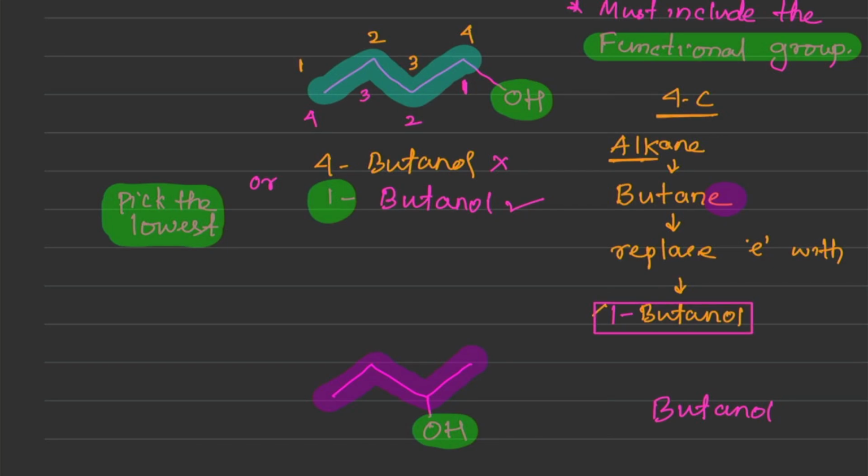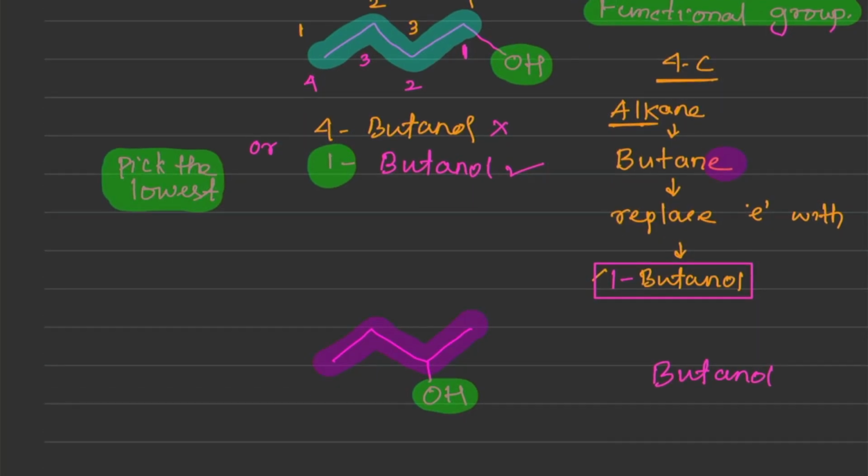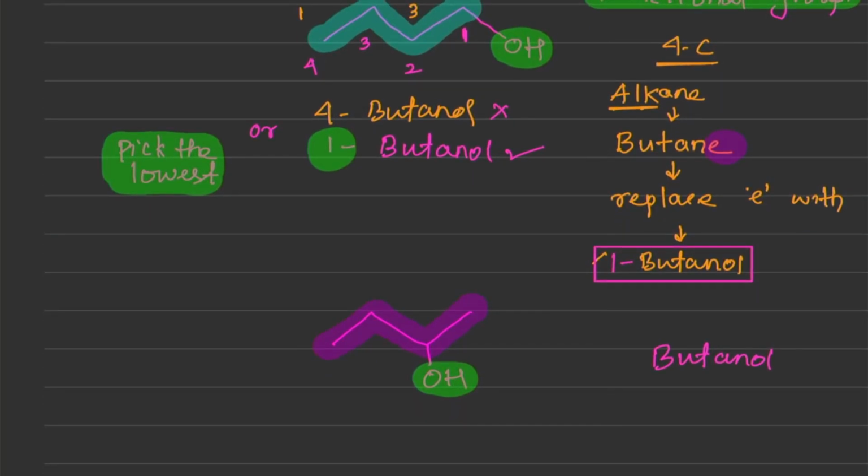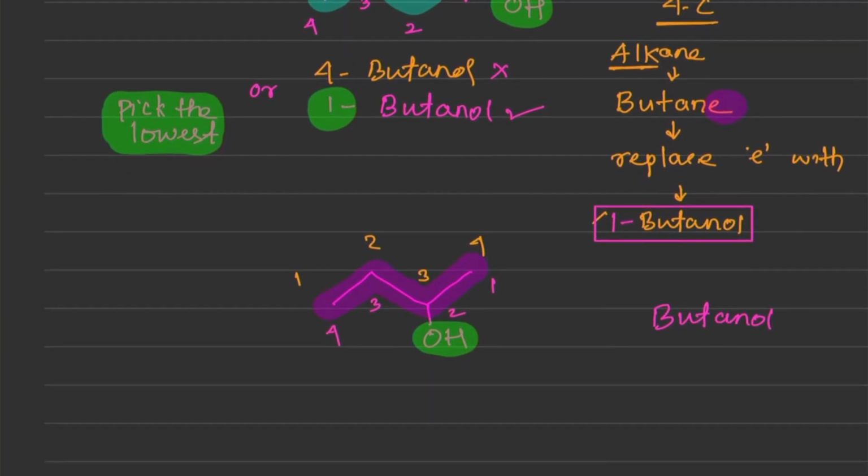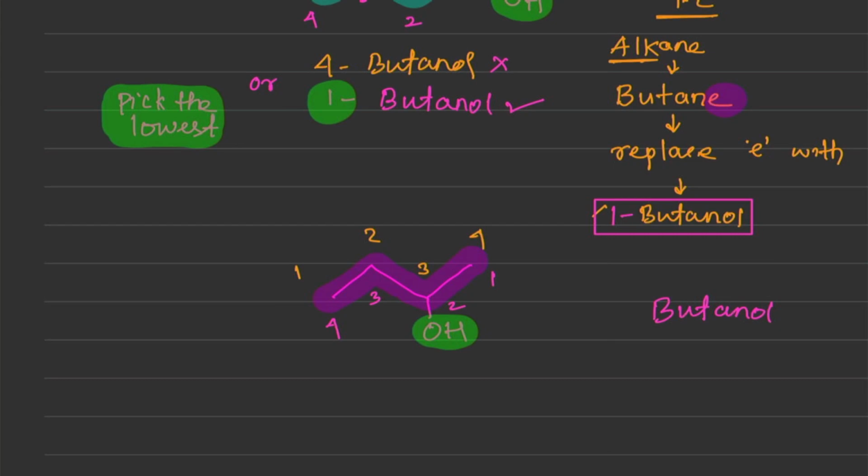So what would you call this one here? I could number this 1, 2, 3, 4, or I could call this 1, 2, 3, 4. So in this case, you have a choice between 3-butanol versus 2-butanol.